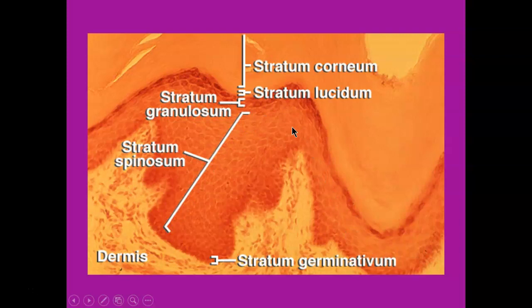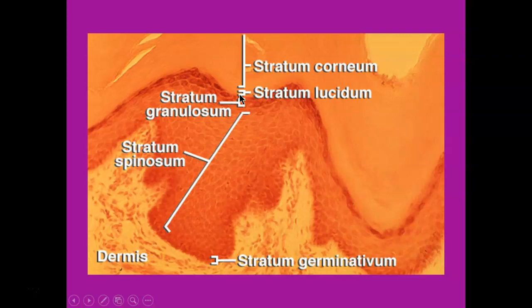So the cells appear somewhat spiny or pointed, okay, so accumulating lots of keratin granules. You have the darker, thin layer of stratum granulosum, so just a few layers thick, and this is where a lot of dye will be deposited when you're creating the slides, because the cells are starting to die and the granules that have been liberated from the vesicles are going to accumulate a lot of stain.